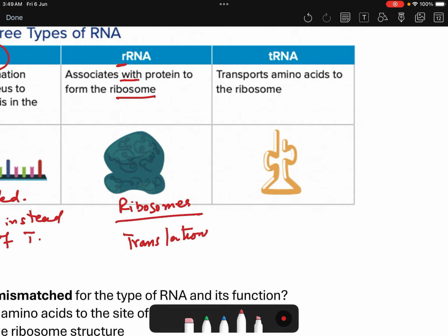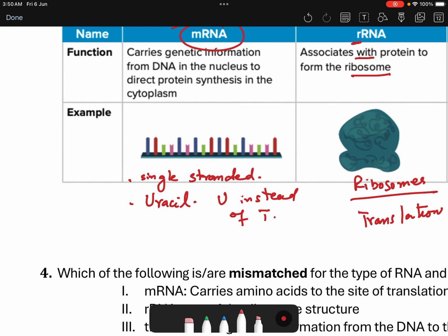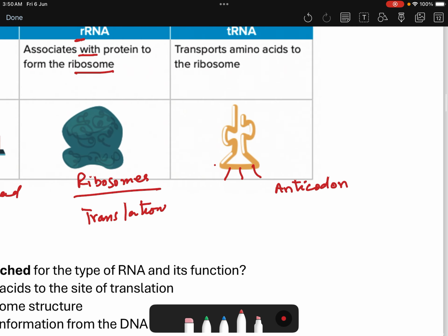tRNA is like a loop or a hairpin shape. It has two ends. On the bottom end you have three spikes, and here you have the code, sorry, not the code, it's the anticodon. Here you have the anticodon, which is complementary to the codon on the mRNA. These three together are called the codon, while on the other hand these three are called the anticodon.